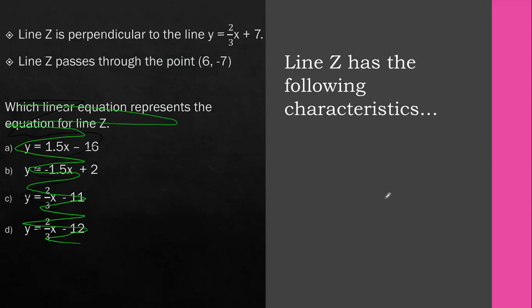Line Z is perpendicular to y equals 2/3 x plus 7, and goes through the point 6, -7. So it's perpendicular to y equals 2/3 x plus 7, and it goes through the point 6, -7.